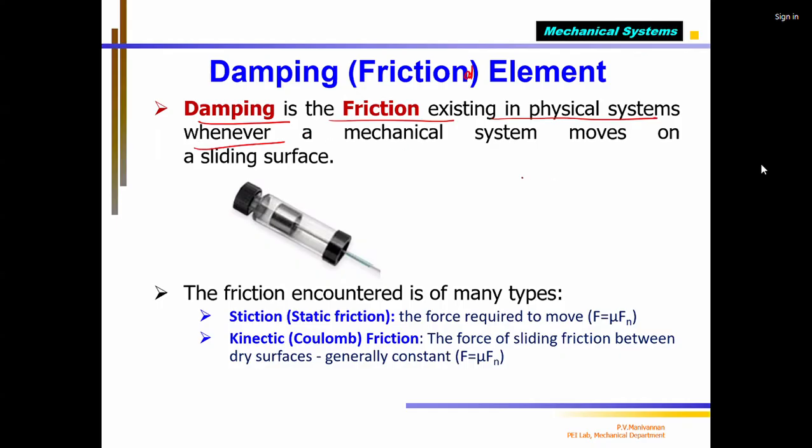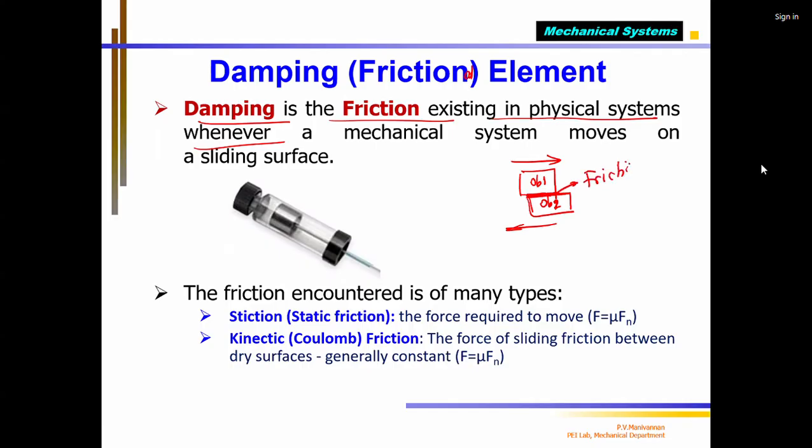If there are two objects, this is object 1, this is object 2, and this is moving in this direction and the other is moving in the other direction, and they are touching each other. Please note that they should move with respect to each other, in opposite directions, and also have contact between the two. Then frictional force is created.